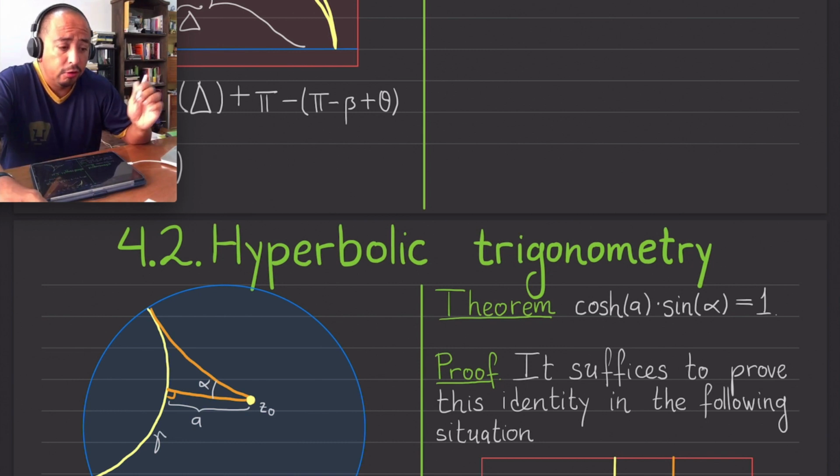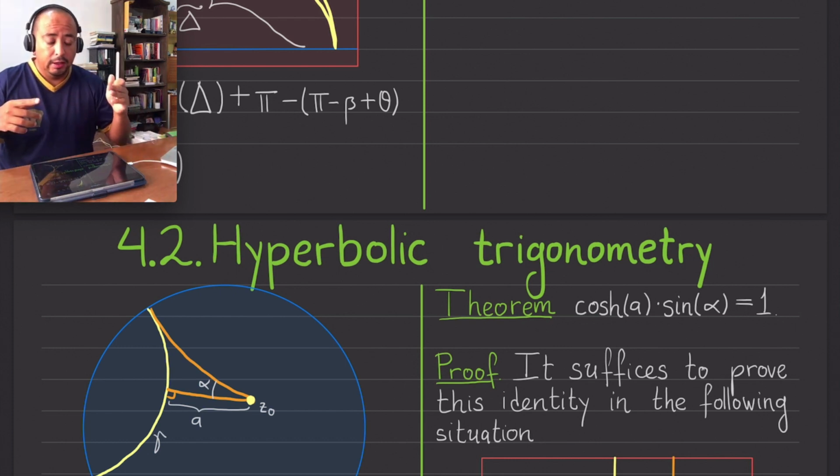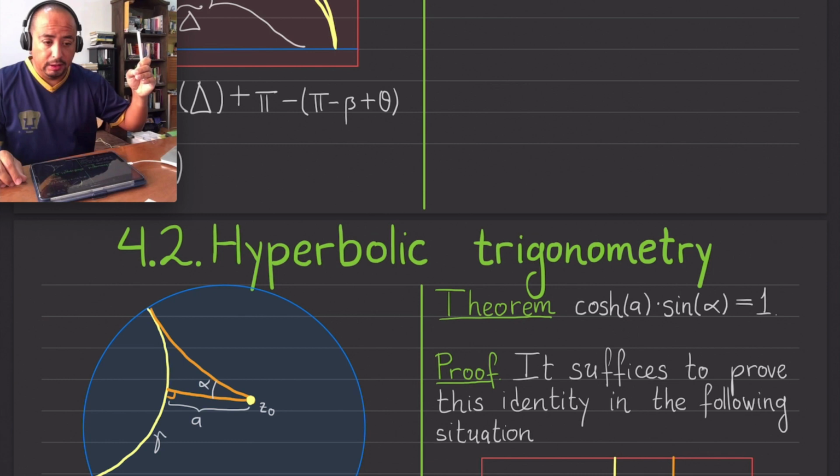the trigonometry of the hyperbola section, what we studied was angles formed in Euclidean triangles, but where the angles were measured using the hyperbola, right?